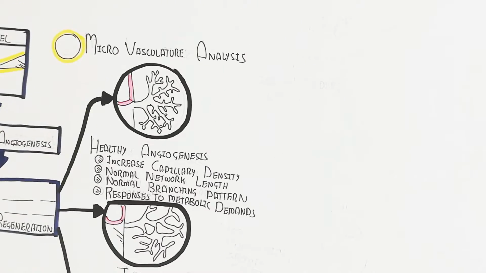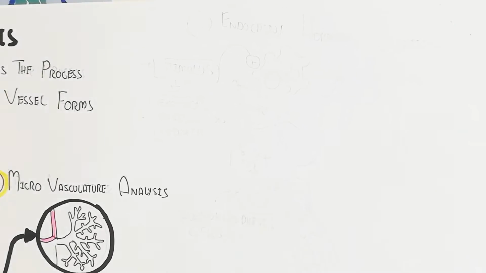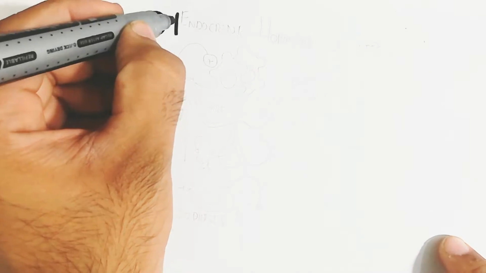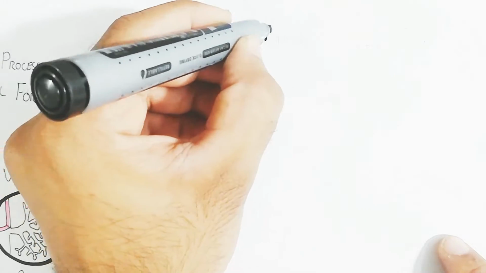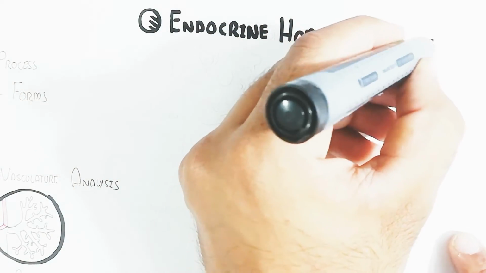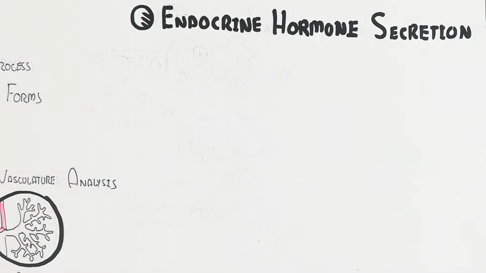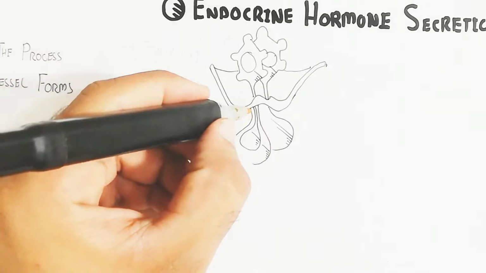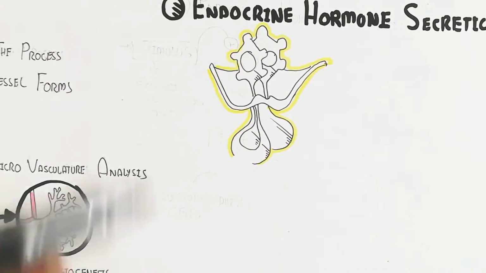So let's begin to understand the endocrinology, hormone secretion. Hormone secretion will also cause angiogenesis due to the stimulus. So here I am drawing the hypothalamus, which is part of the brain, and the pituitary gland, which contains the neurohypophysis and adenohypophysis.